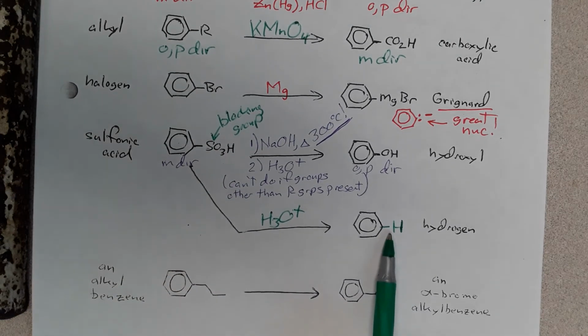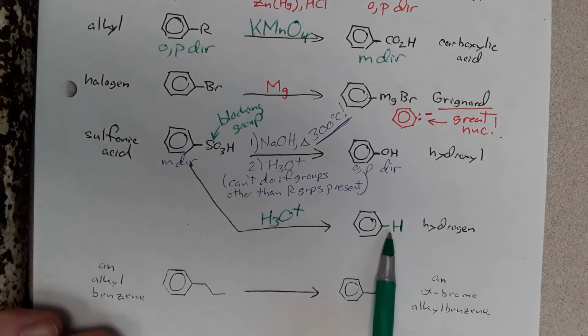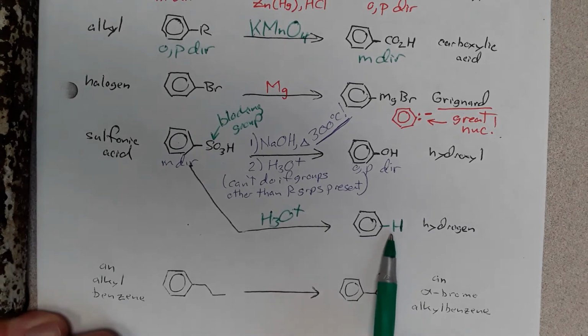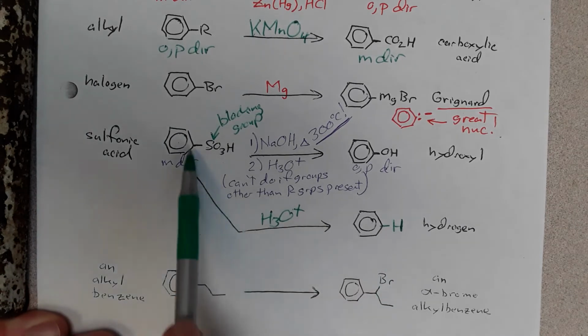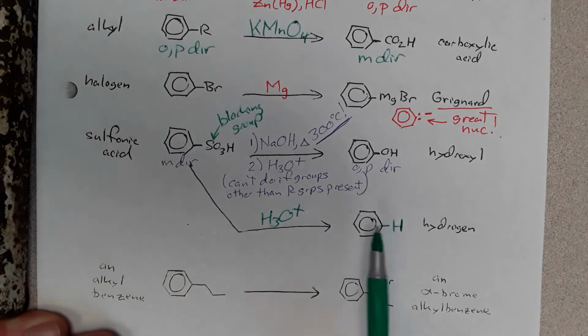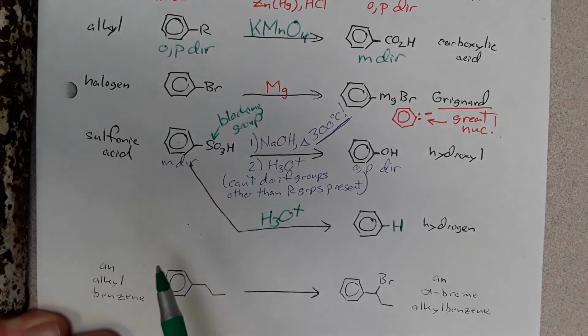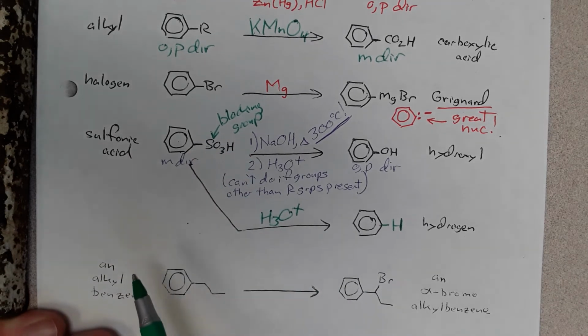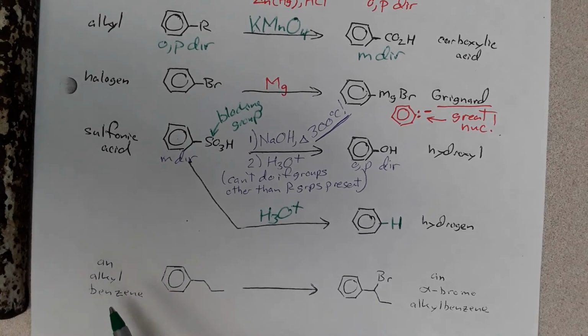And so you will see once we start doing synthesis how valuable this can be. But this conversion here back to taking off this group completely is part of the blocking process, where we want to protect a certain position on the ring and keep it from reacting just temporarily, and then taking it back off again.